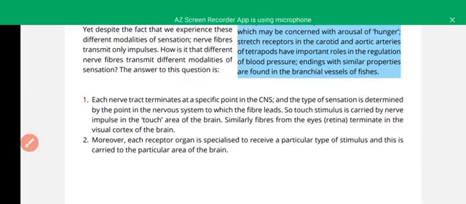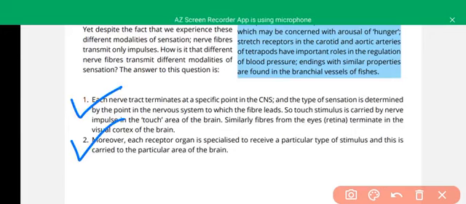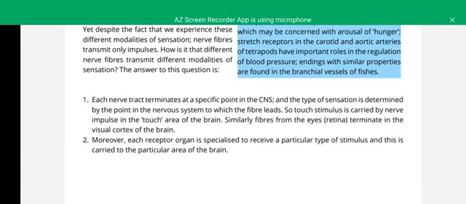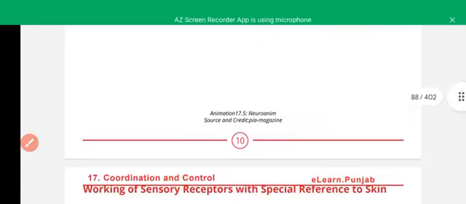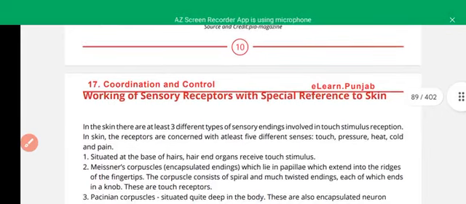There are also specific types of receptors for the reception of these particular stimuli. These two things, the area of the brain and the specificity of the receptor, control particular signals for a particular area of the brain, and we feel different types of sensations.